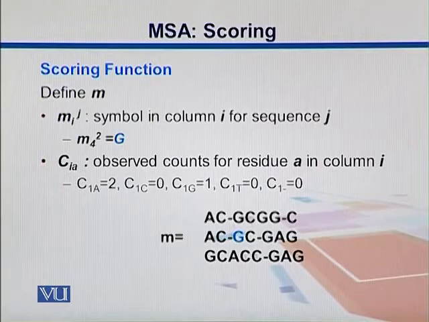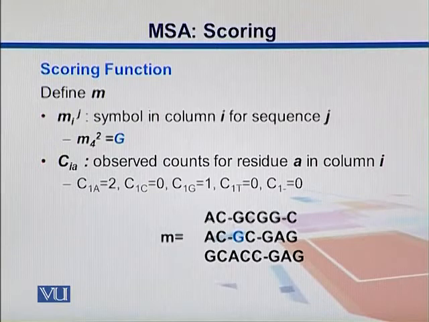In the same way, we can put the observed counts for residues. For example, for one of the residues, which is A over here in column i, we can have it as c_i(A). For example, in c_1(A), how many A's are there in column number 1? We see there are 2. And how many C's are there in column number 1?